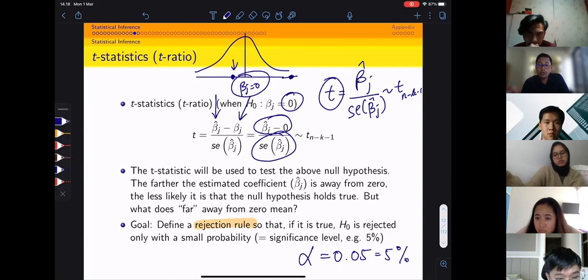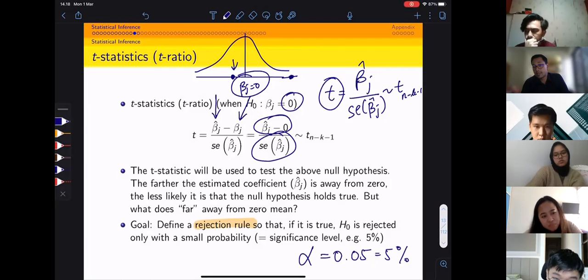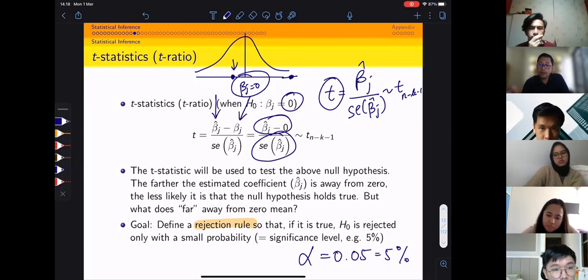In social science, we usually use a 5% significance level. Some people also use a 1% significance level, and some people use the 10% significance level. So the idea is that alpha should be quite low. If you can get lower than 1%, that's actually better.